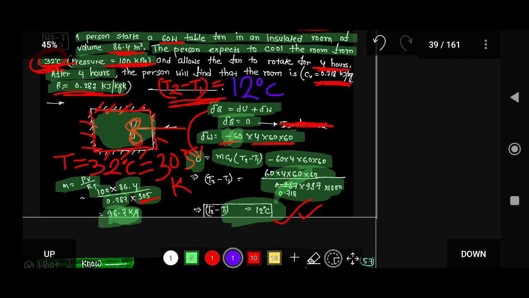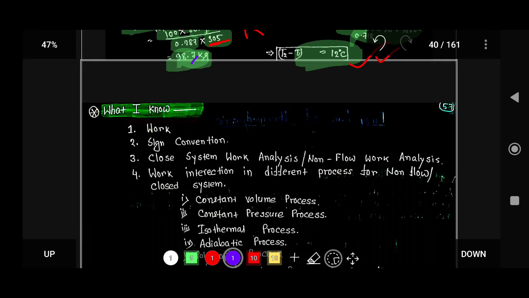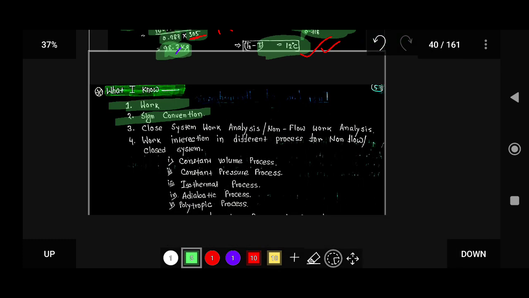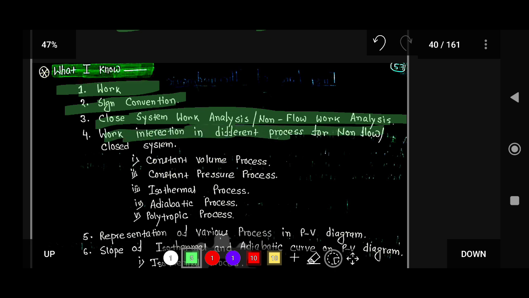Okay, so this is the last lecture of energy introduction. In this lecture we understood what is work and the sign convention of work, and closed system work analysis or non-flow process. If you go to the previous lecture you can find this topic, and work introduction in different processes for non-flow or closed system.